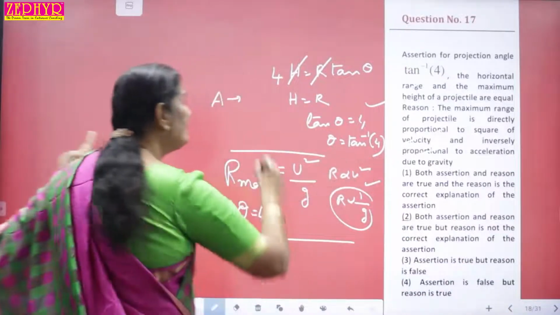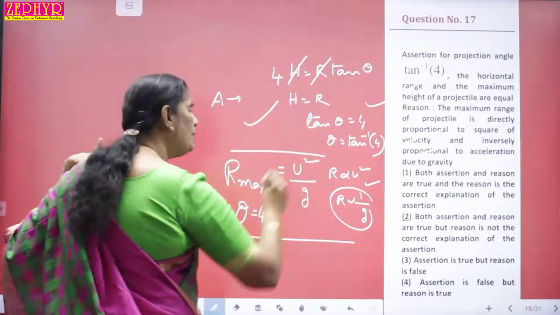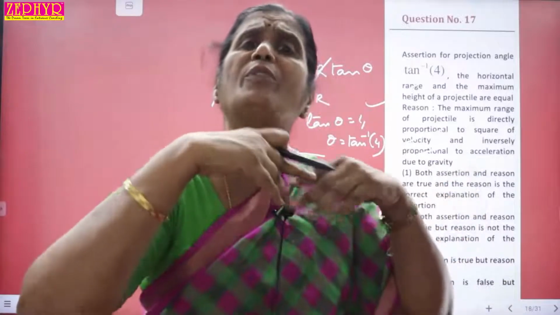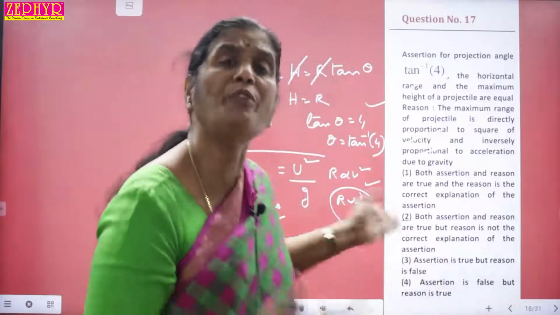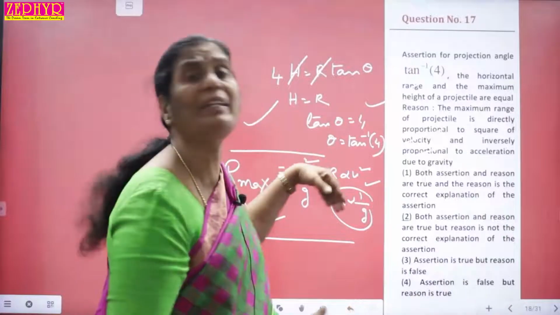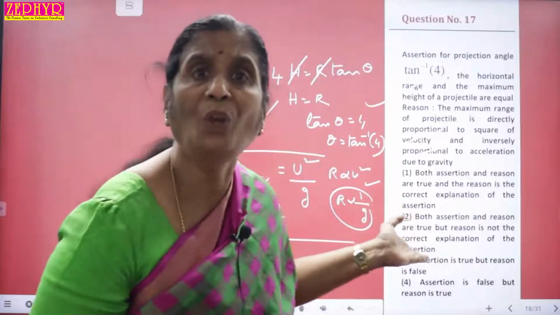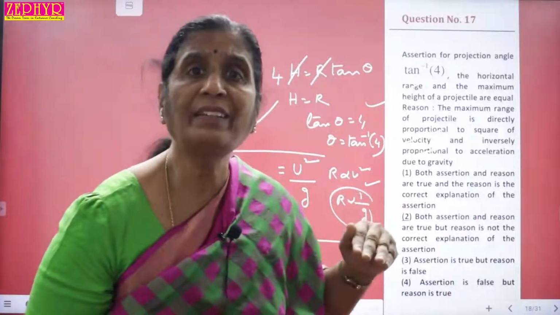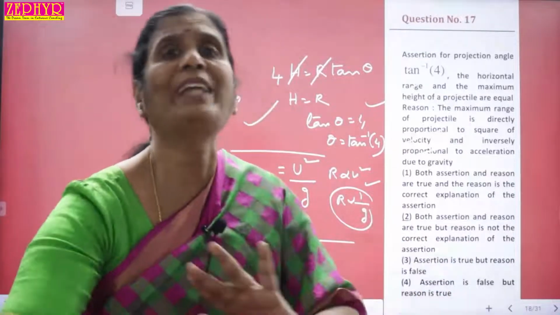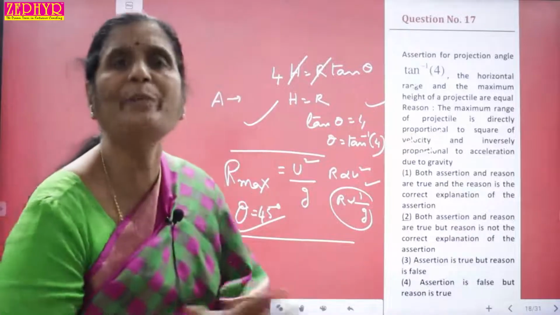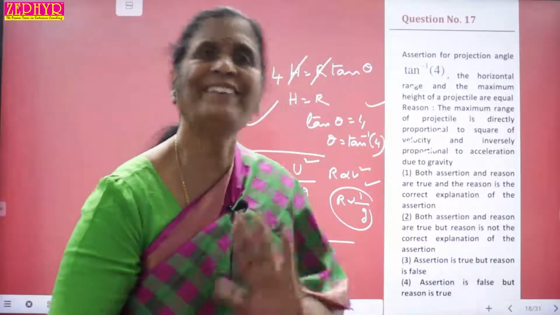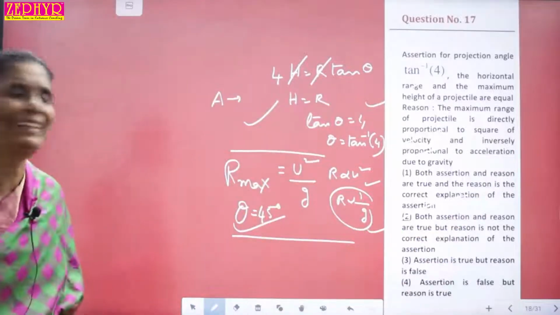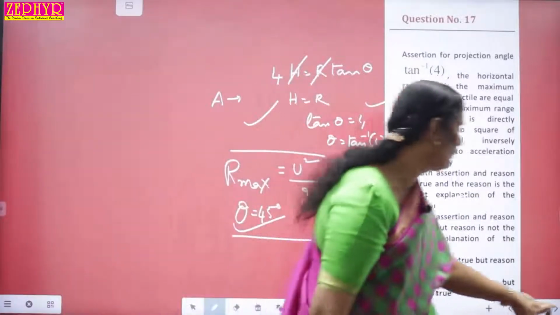So the second statement is not the reason for the first. There is no connection between them, but both are correct. So again I will go for the second choice. Very carefully we have to do this.